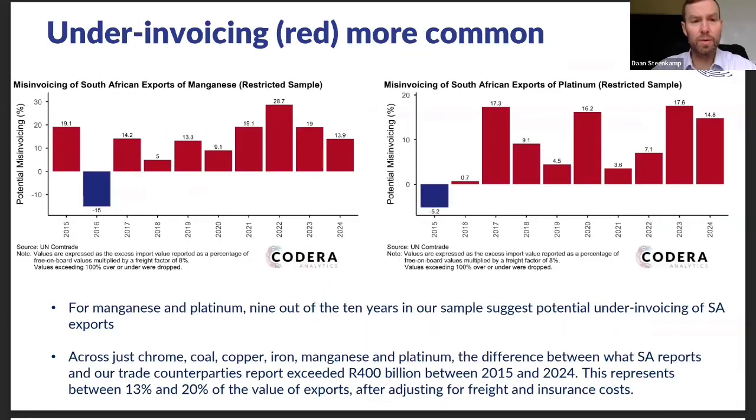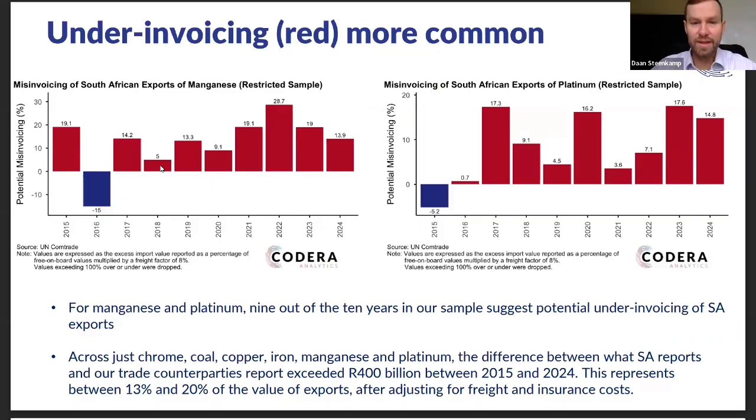So jumping straight to what we see. On this chart, we've got just a summary for manganese and platinum. Both of these commodities are important because South Africa is a major exporter globally of these commodities, and they also represent a very large share of South Africa's overall exports.